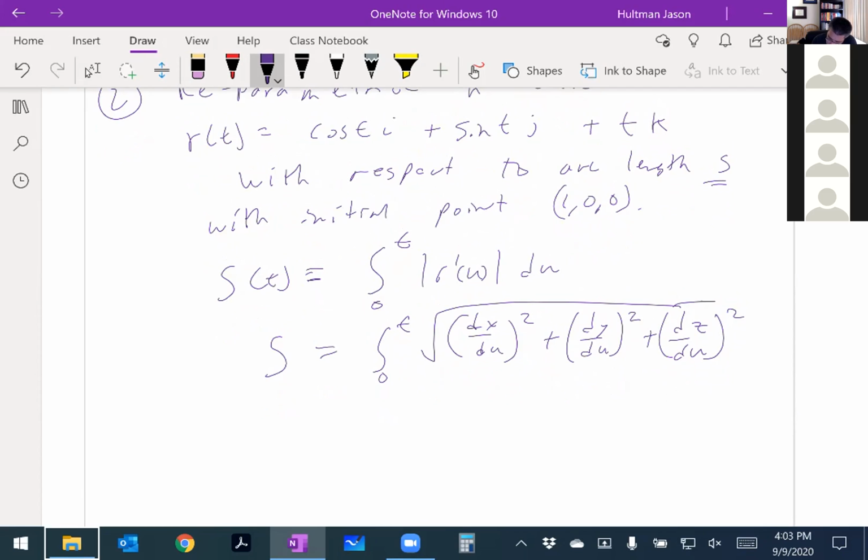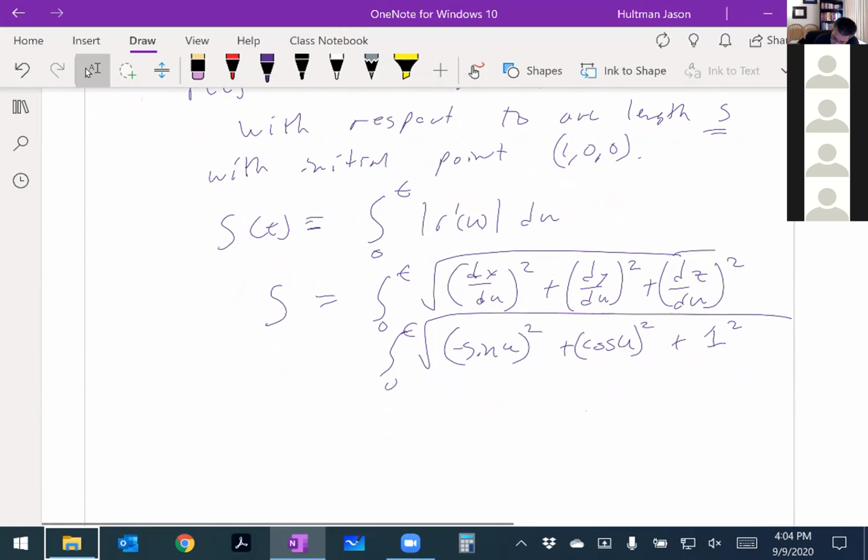So again, this is negative sine u squared, plus cosine u squared, plus 1 squared, same thing that we did before.